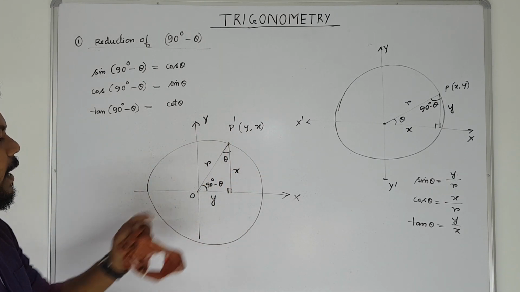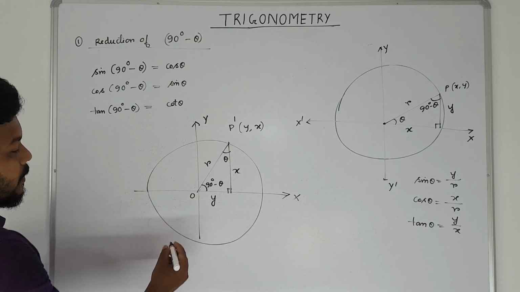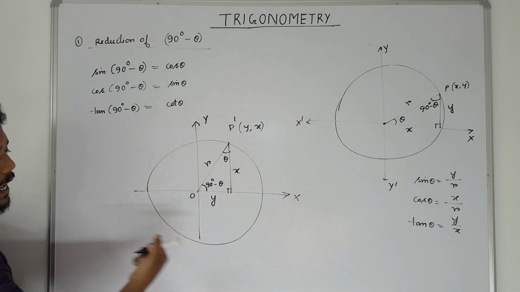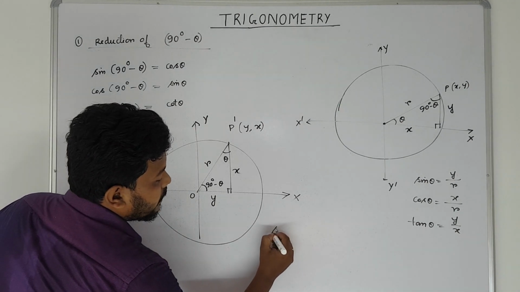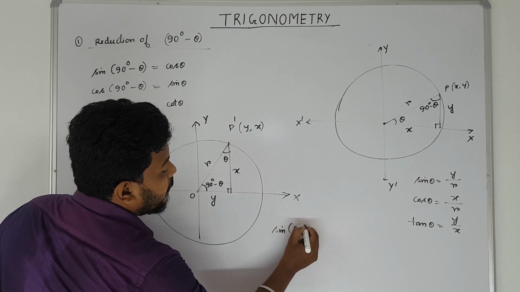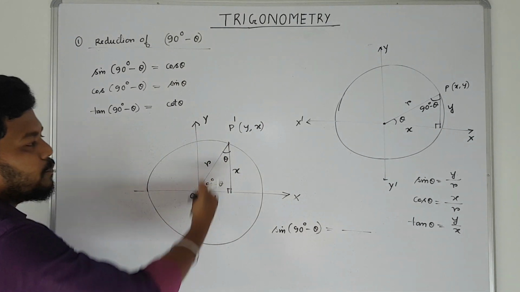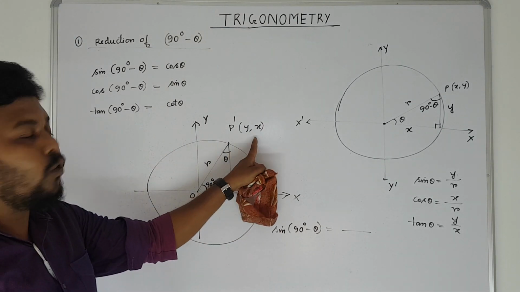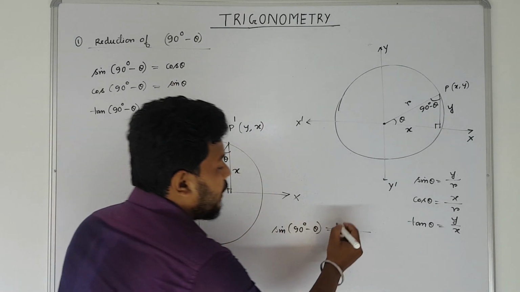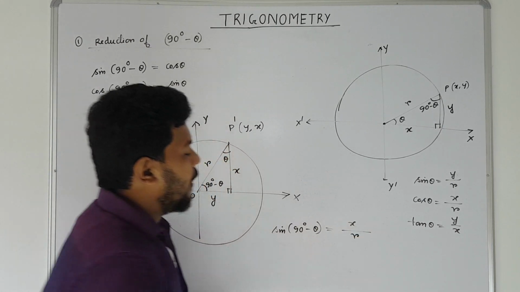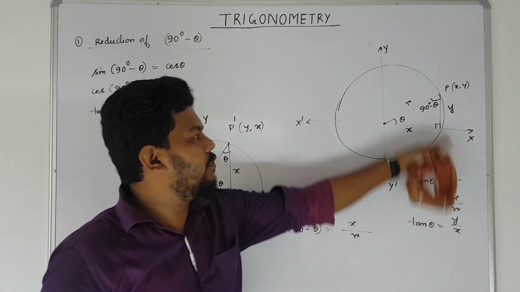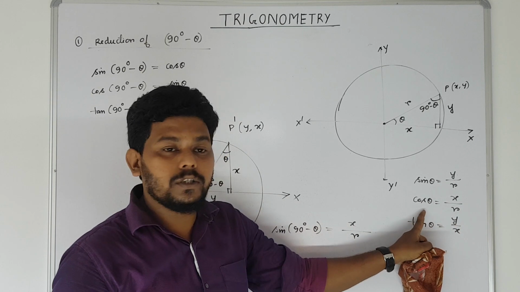Now if I find the ratios for the angle 90 minus theta, I will get sine of 90 degree minus theta is equal to, for this point the y coordinate is equal to x. So I will write x by r. Now what is x by r? From this figure we know x by r is equal to cos theta.